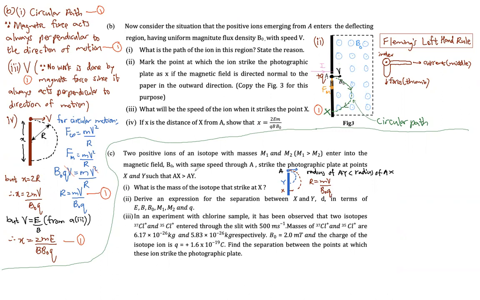Same speed, so v is constant. B naught is also constant. So radius depends on mass. Radius is proportional to mass, because B naught, q, v are all constants.